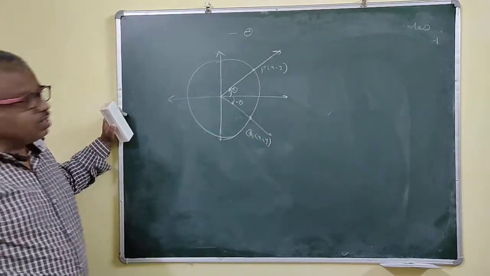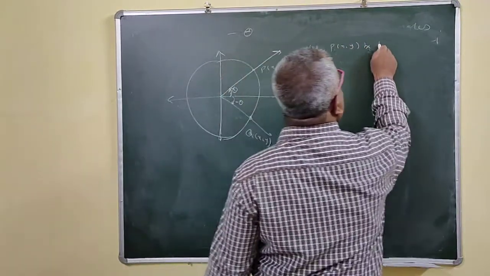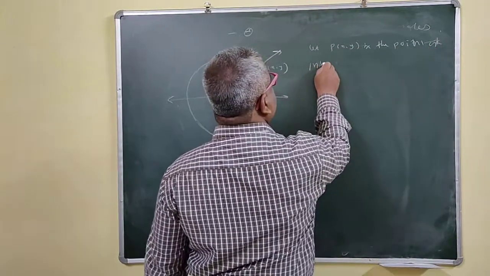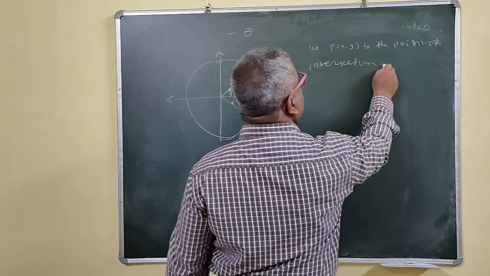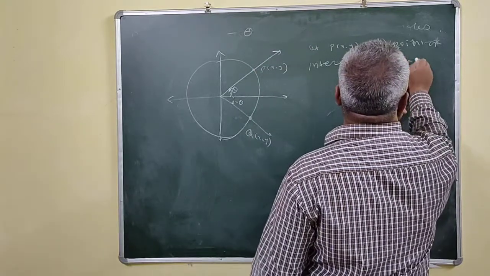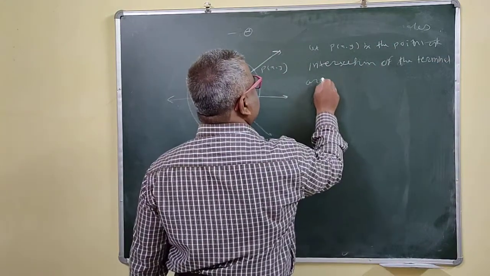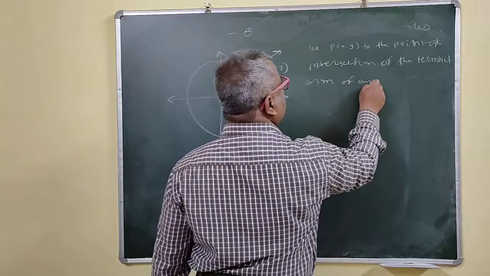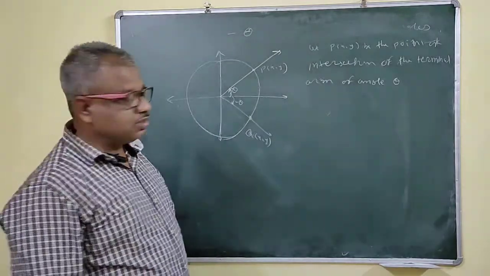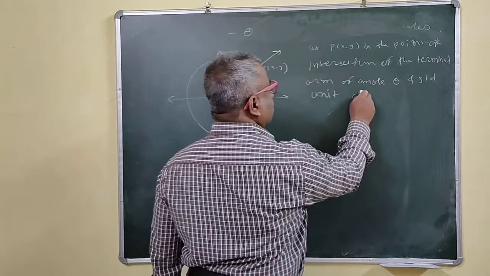Let P(x, y) be the point of intersection of the terminal arm of angle theta, whatever theta may be in degrees or radians, and the standard unit circle.